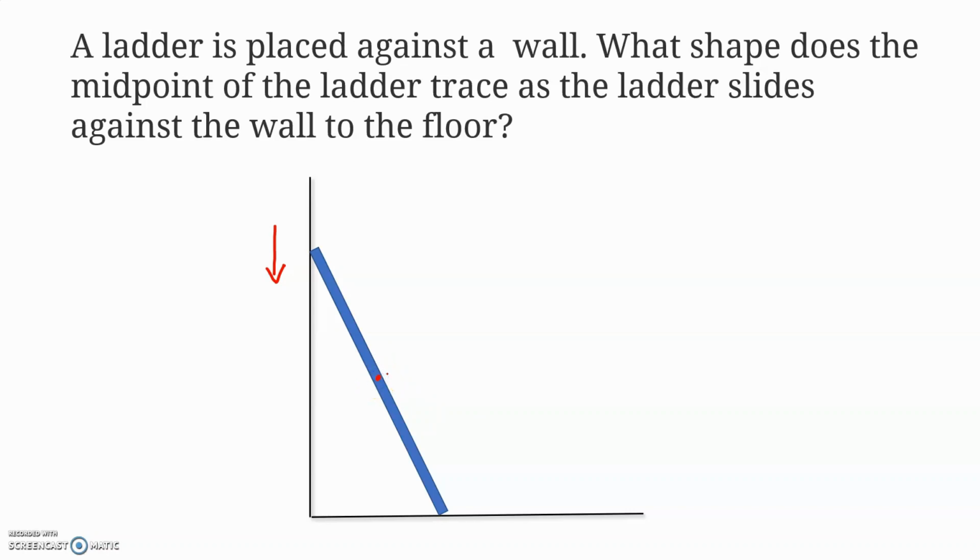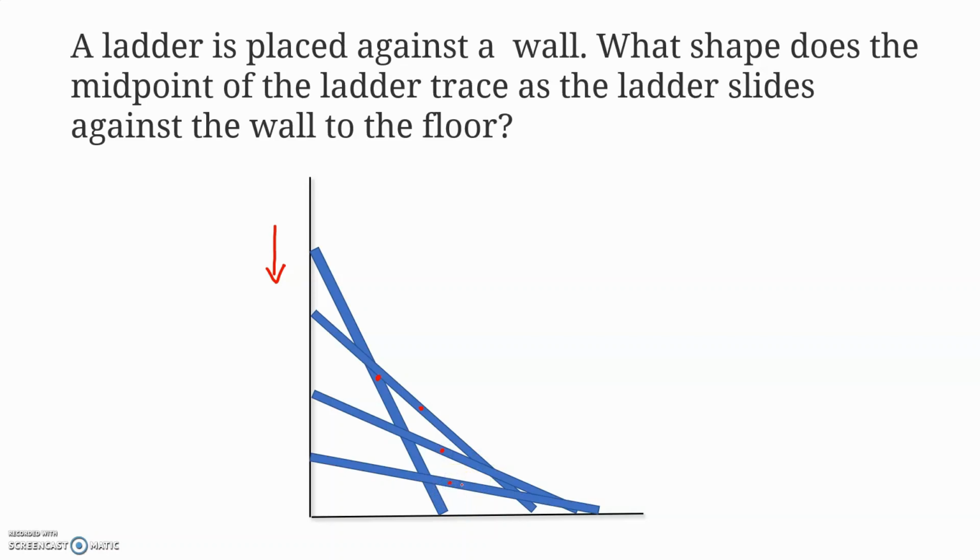As the ladder slides down, I'm going to mark the midpoint again, which is just there, and the ladder slides further down the wall, so we'll mark the midpoint of the ladder there, and one more there.